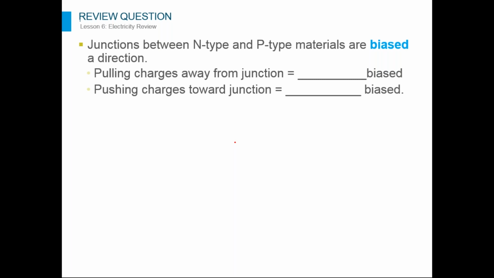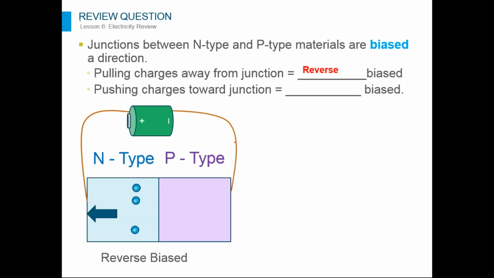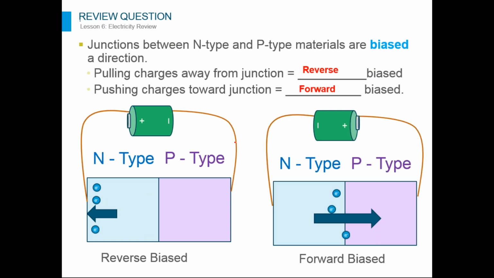So I'll give you a couple seconds to think about it before we get the answer. So pulling charges away from the junction is reverse biased, and pushing charges toward the junction is forward biased.